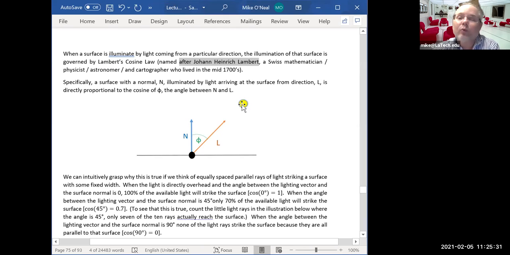If this light really were this close to this surface, obviously the point right here, the light vector and the surface normal would be 0. So this would be getting 100% of the light hitting this point, right? But this point over here, if we assume this was a 45-degree angle, would only be getting about 70% of the light.